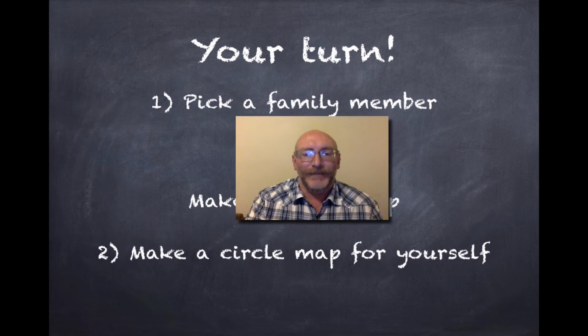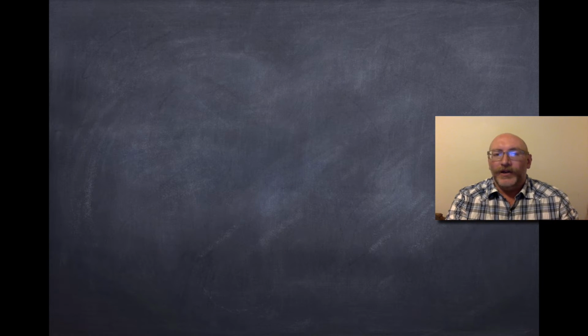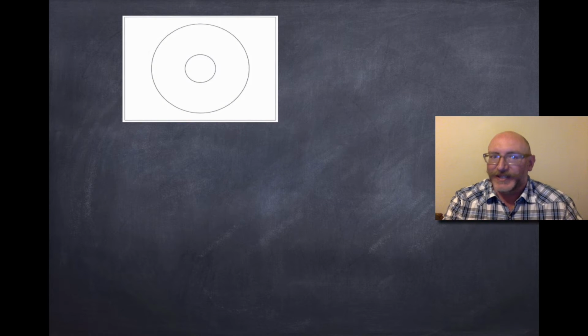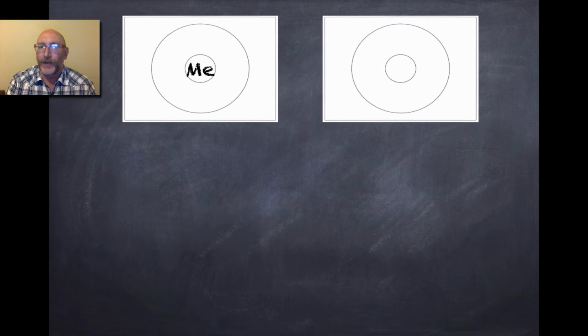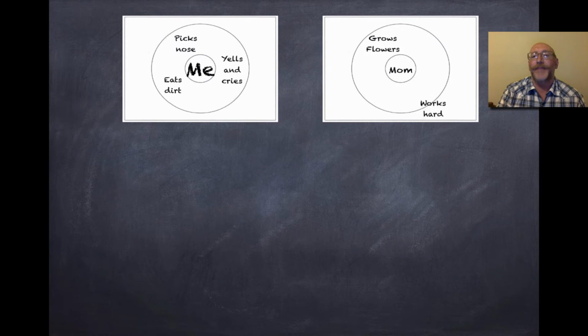You then make a circle map for yourself. One for a family member, one for yourself. So it will look like this. 2 circle maps, one for you, one for a family member. Your circle map defines different things about you. Your family member circle map defines different characteristics about them.